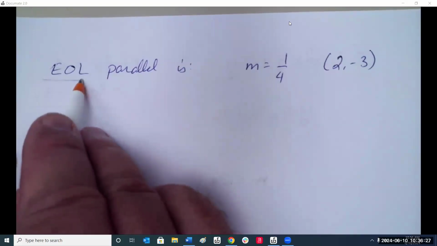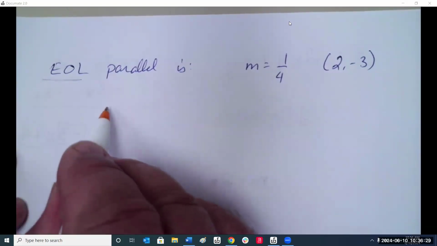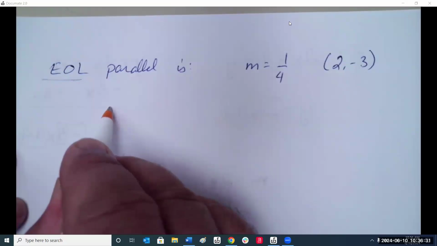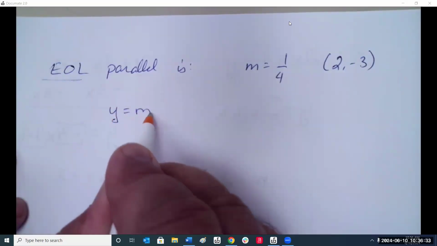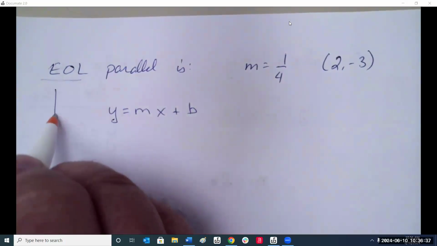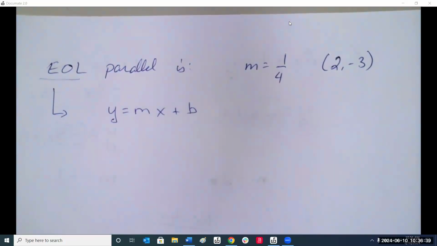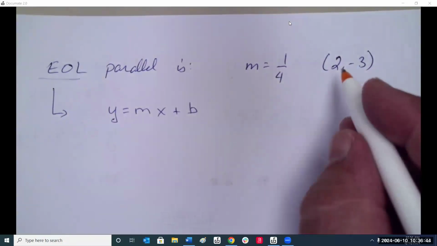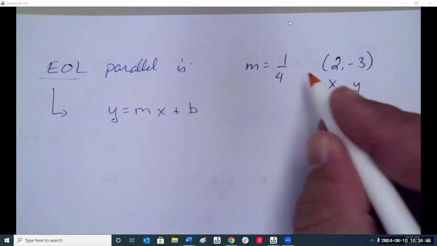What does the equation of the line look like? Y equals mx plus b. That's the equation of the line form. Plug in what we know. This is x, that's y, and that's m.